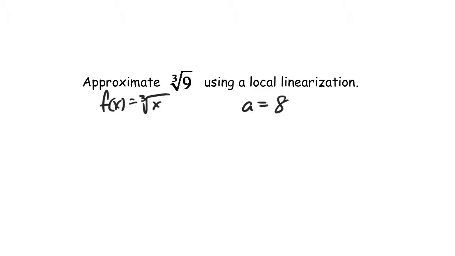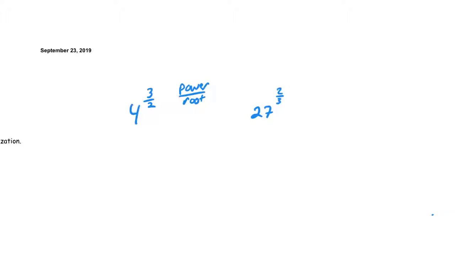All right, so now take a minute, pause the video, and figure out what this local linearization is going to be if your function is cube root of x and your a is 8. Before you get too far, I should point out also that you're going to need to know how to raise a number to a rational exponent. And so like if I wanted to evaluate 4 to the 3/2, that is power over root.